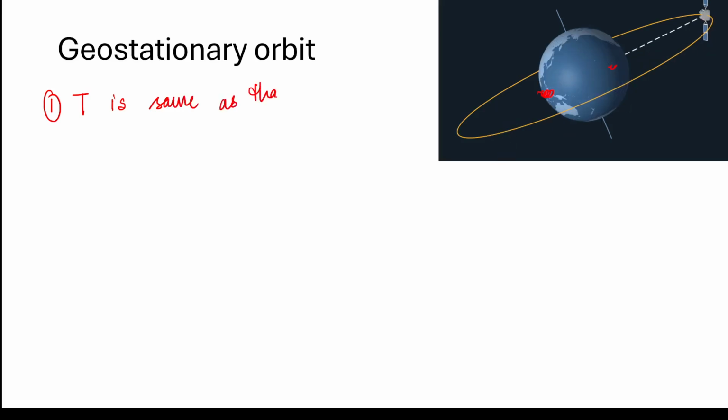So that means, with what speed is the satellite rotating, or what is its time period of rotation? Is it the same as that of Earth? Yes. So that's the first point to be understood about this geostationary orbit: the time period is the same as that of Earth. And what is the time period of Earth? That is 24 hours.